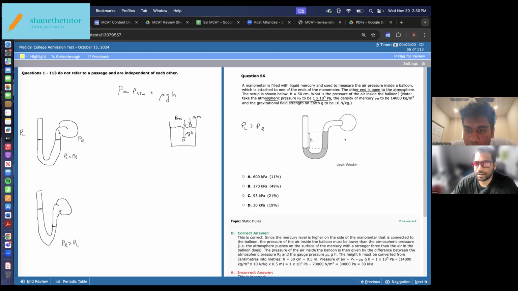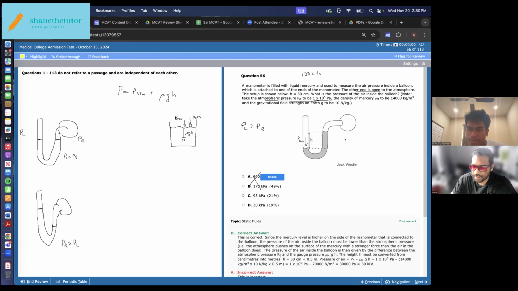Now, since the pressure on the left is higher and the pressure on the left has that atmospheric pressure, the pressure on the right must be smaller than atmospheric pressure, right? That makes sense. So we can get rid of these.